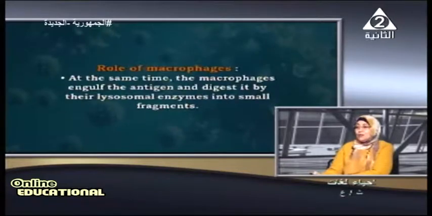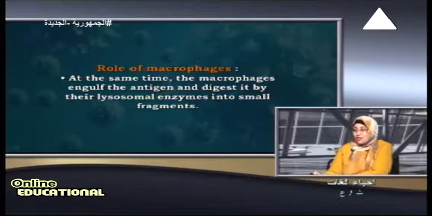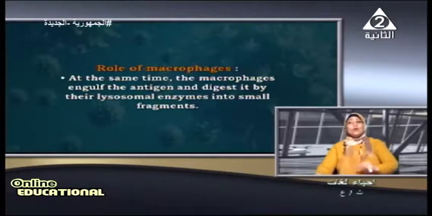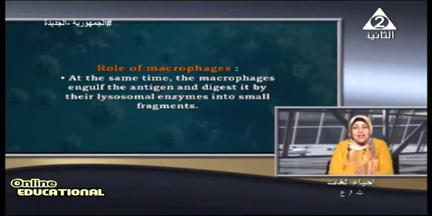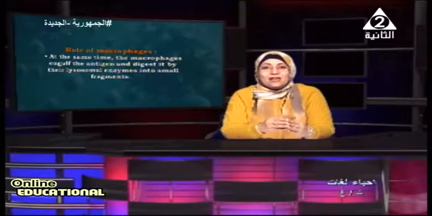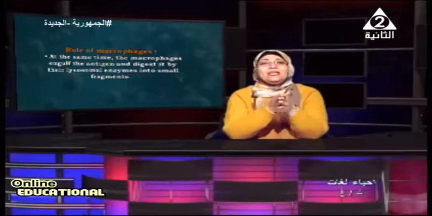What is the role of the macrophage? Macrophages at the same time engulf the antigen and digest it by their lysosomal enzymes into small fragments. You know that inside the cell, each cell contains a structure called the lysosome, which is found in large quantity in white blood cells.